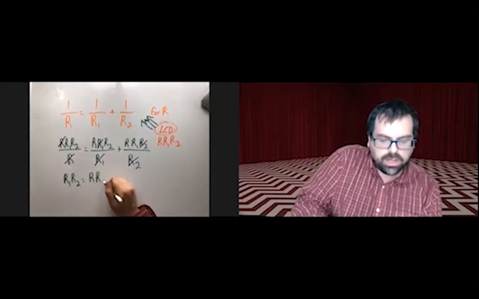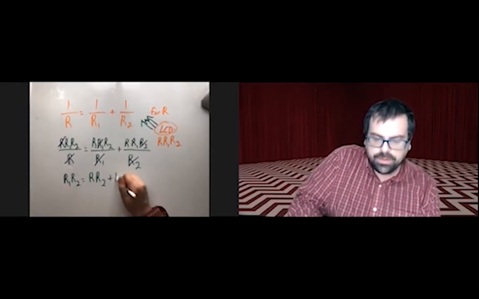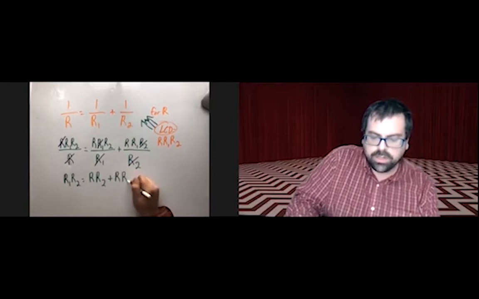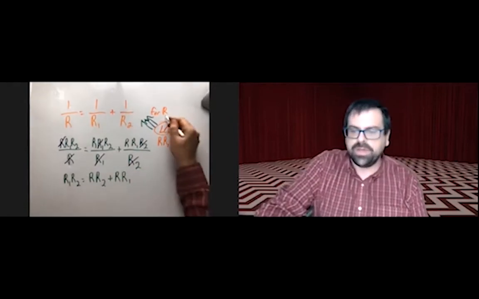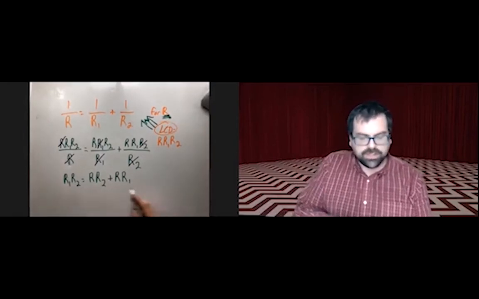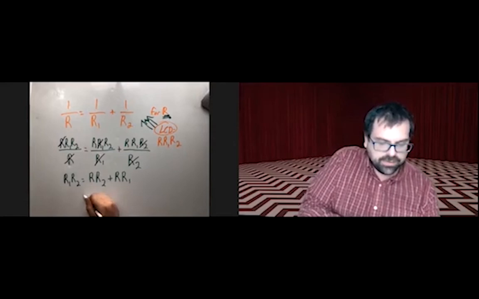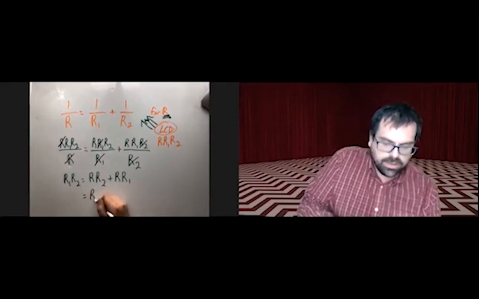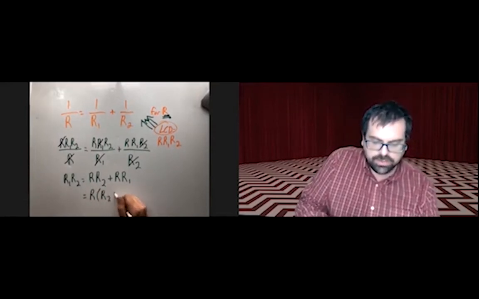equals R2 plus R1. We're solving for R. We already have all the R terms on one side, everything else on the other. Yay. Factor out an R2 plus R1.